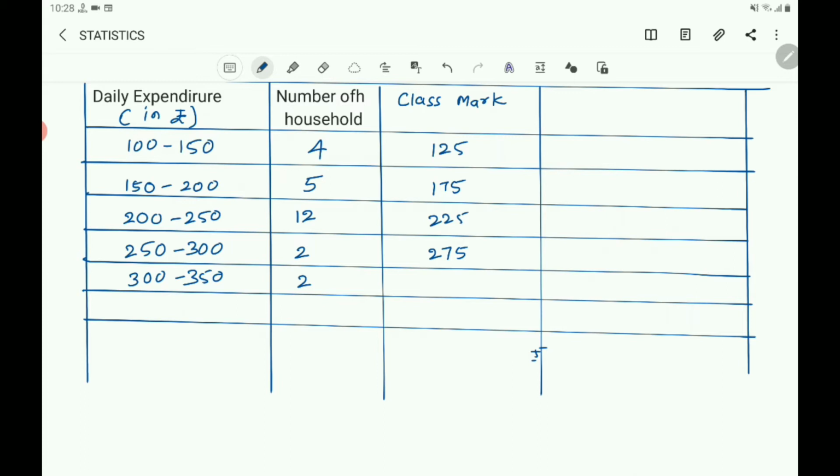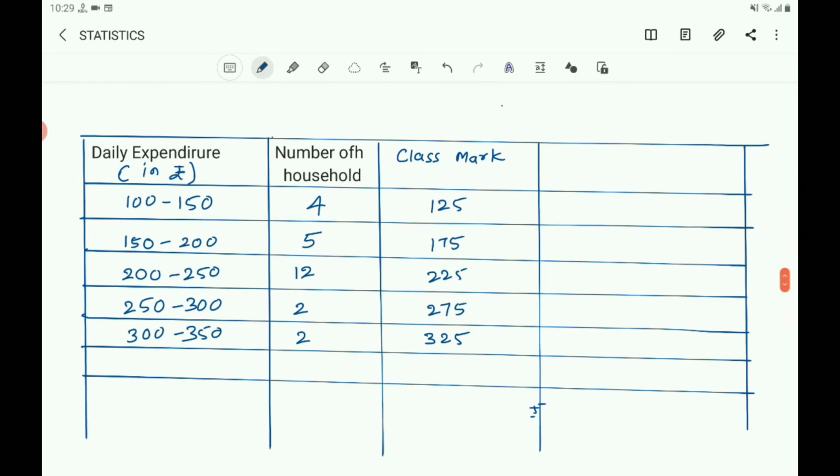Next, again you can add 275 and 50, you will get 325, or verify here 350 plus 300 by 2, that is 650 by 2, then you will get 325, or by adding 50 to 275 also you will get 325. Because here the size of the class is 50, so you can add 50 to the previous class mark to get the class mark of the next class interval.